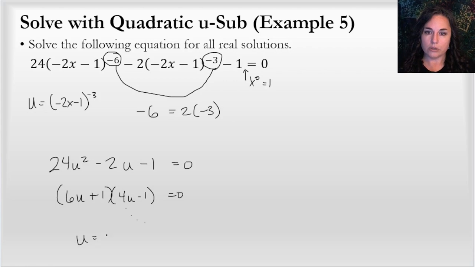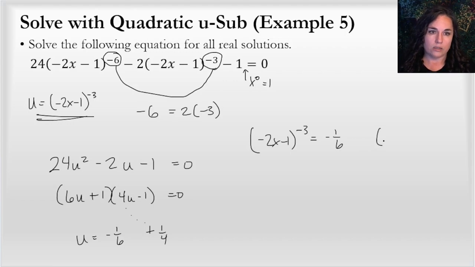I guess you get u equals negative 1/6 and positive 1/4, and then you can take those values and set them equal to this, right? So you'd say negative 2x minus 1 to the negative 3rd power equals negative 1/6, and negative 2x minus 1 to the negative 3rd power equals 1/4.